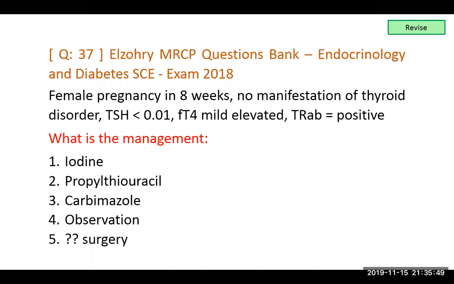This is a recommendation by the guidelines: if a patient with thyrotoxicosis is controlled with a small dose of carbimazole, 5 to 10 milligrams before conception, and gets pregnant, we can try to withhold the anti-thyroid medication, repeat thyroid function after 2 to 4 weeks, and decide whether to proceed with propylthiouracil or just observation.